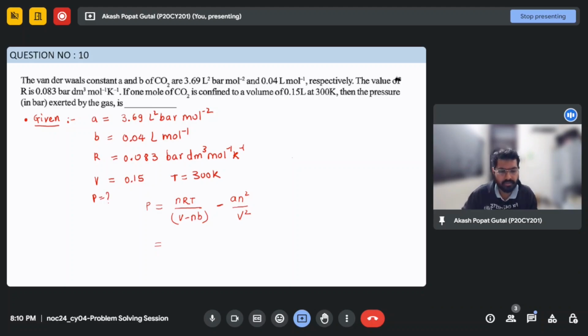You just recheck your calculations. So n is equal to 1. Keep in mind n is equal to 1.